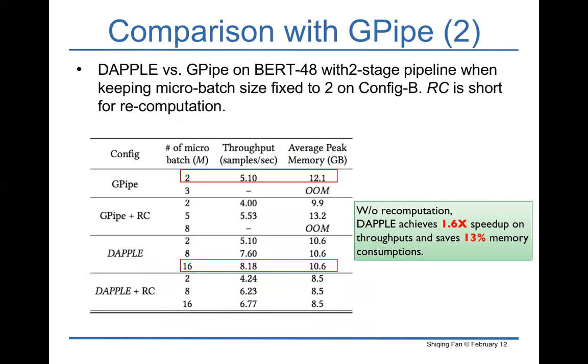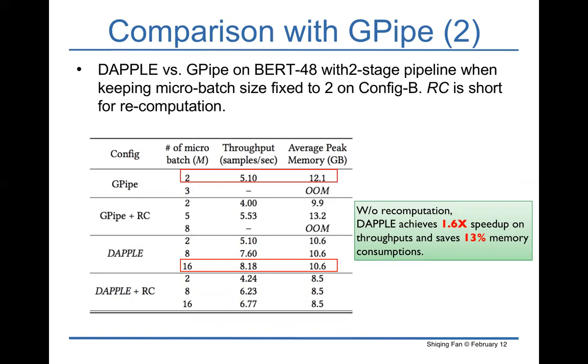This table shows the performance comparisons with GPipe. We focus on the throughput and the peak memory usage on BERT with 48 layers with a 2-stage pipeline in config B. Config B is a flat configuration. To align with GPipe, we adopt the same recomputation strategy, which stores activations only at the partition boundaries during the forward pass.